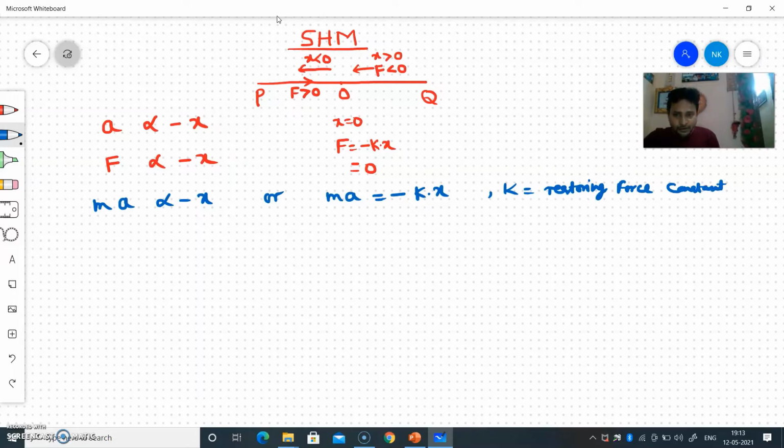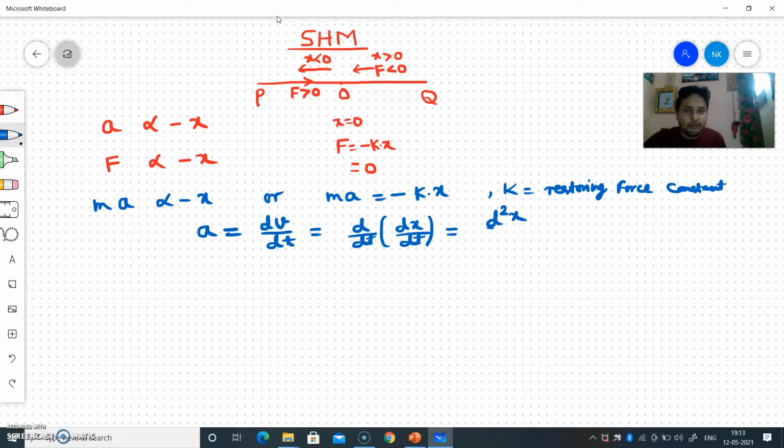Acceleration a can be written as the rate of change of velocity, dv over dt, and we know that velocity is the rate of change of displacement. Thus acceleration can be written as the second derivative of displacement with respect to time.